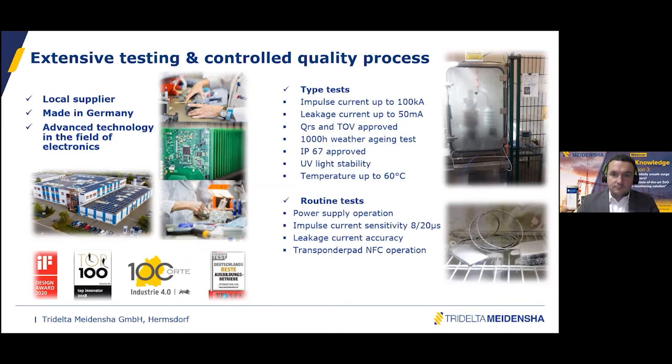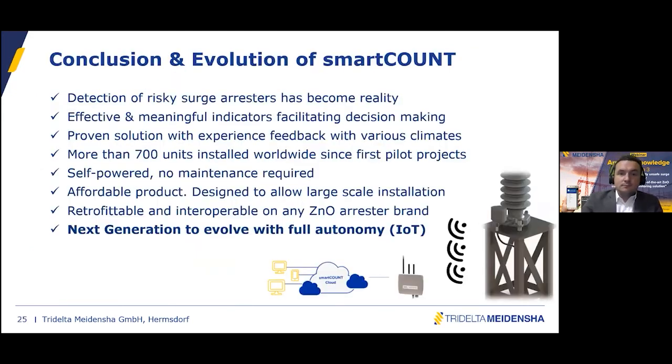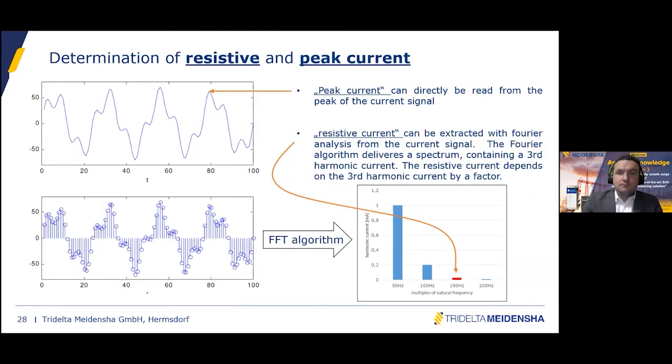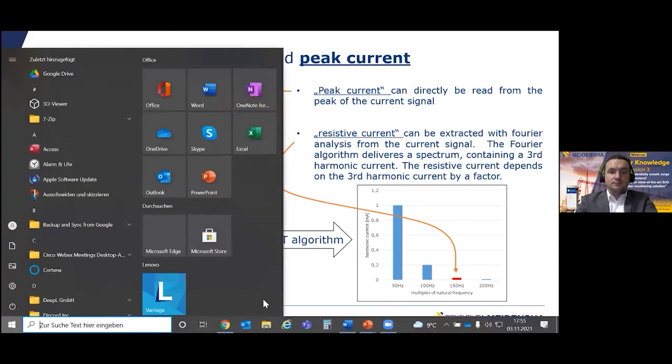Other questions came up regarding the resistive current measurement, why it is based on third harmonic content and where this relation comes from. I think there is a lot of information about that in several presentations, and I can also refer to our handbook, the smartCOUNT manual that is available on the page smartcount.info. You can just download and read through. There's a big section about leakage current theory where you can read and try to understand.